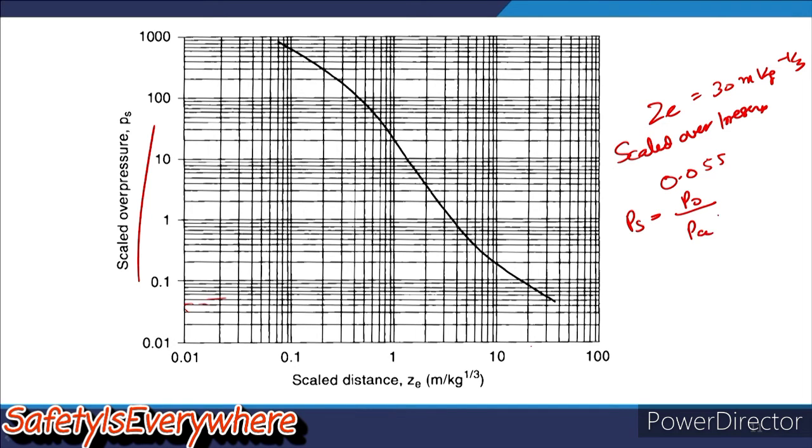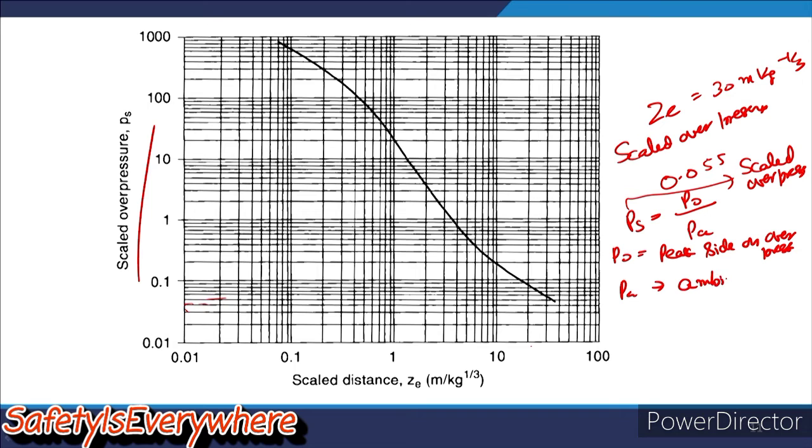So we have this formula where PS is the scaled overpressure, P naught is the peak side-on overpressure, and PA is the ambient pressure.